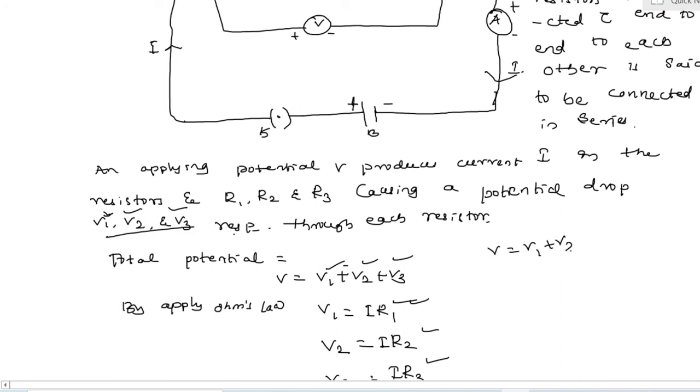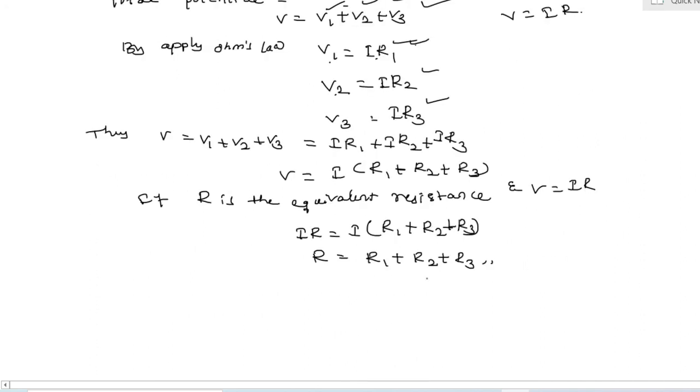Applying Ohm's law, V is equal to I into R. First, potential difference V1 is equal to I into R1. Second, V2 is equal to I into R2, current into resistor. Third, potential difference V3 is equal to current through resistance R3.